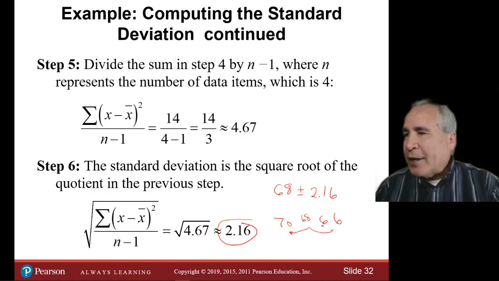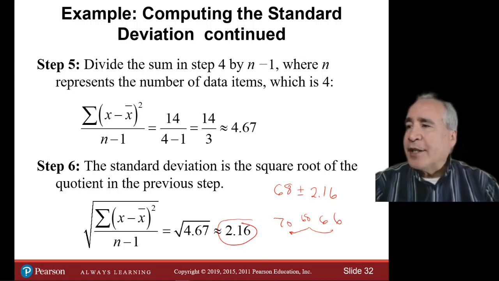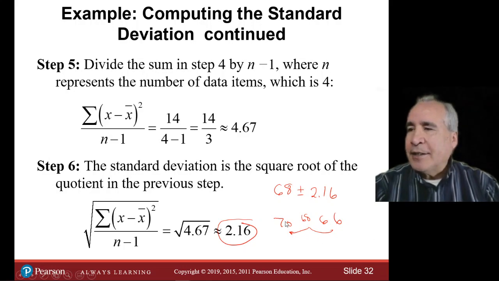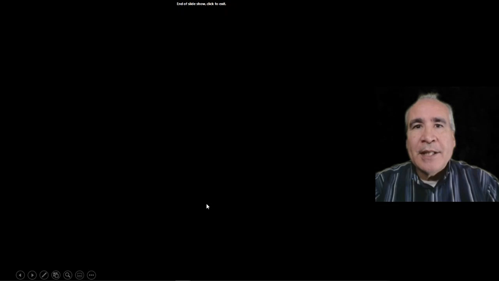I'm rounding, but a standard deviation is both above and below. And we look at our data, that's pretty much what it looks like, right? We've got a 65-year-old and a 70-year-old over here, a 68 and a 69-year-old. So it gives us a picture of what our data might look like. We know the average and we know the data spread. And that's all we need to do.